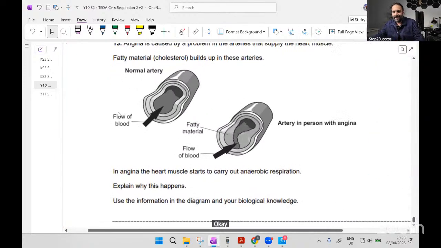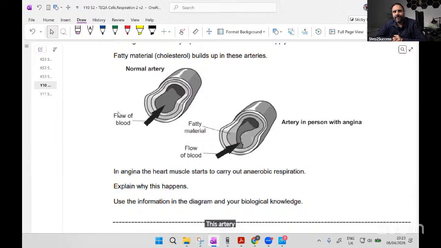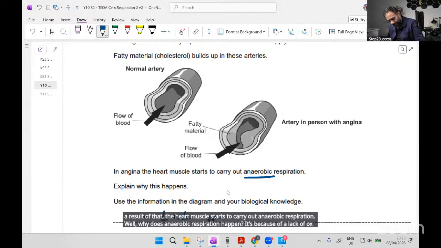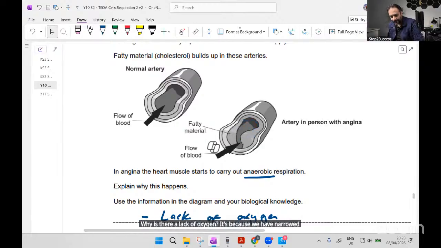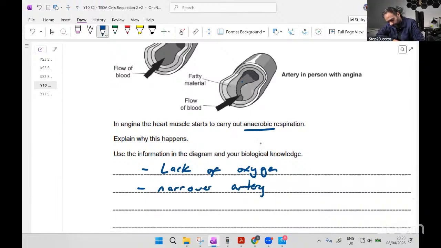Okay, this is to do with stents and statins in terms of the question. This artery has got this fatty material building up, and they're saying that as a result of that, the heart muscle starts to carry out anaerobic respiration. Why does anaerobic respiration happen? It's because of a lack of oxygen. Why is there a lack of oxygen? It's because we have narrowed this artery due to the fatty material, which means less blood flows through.